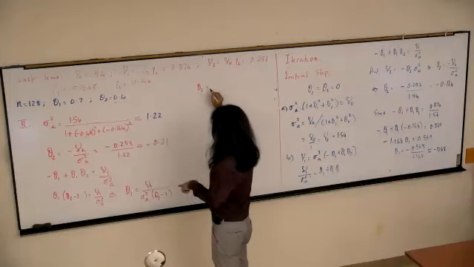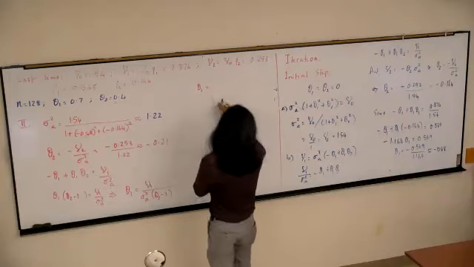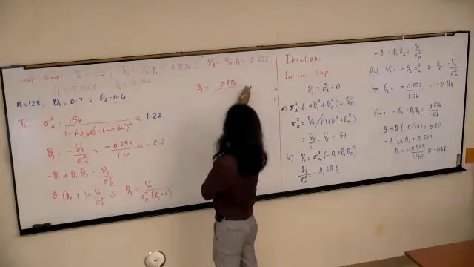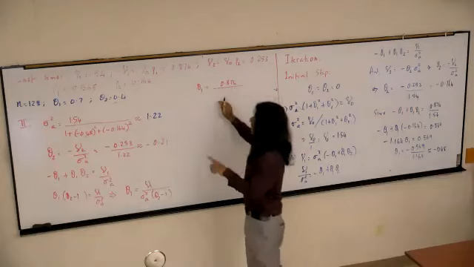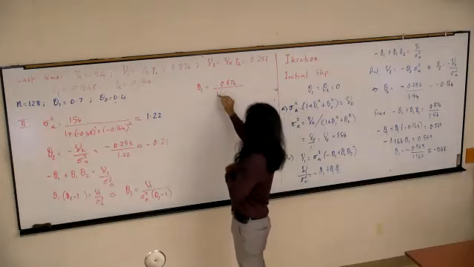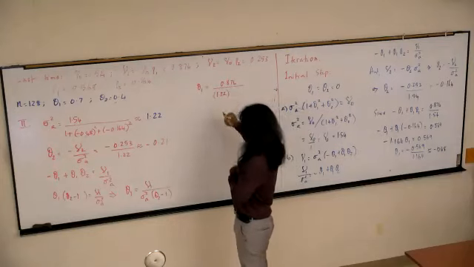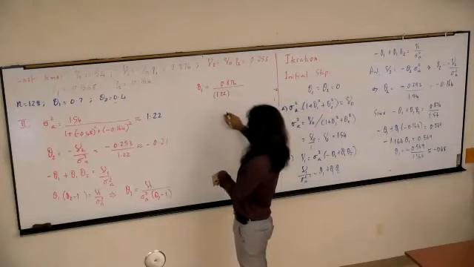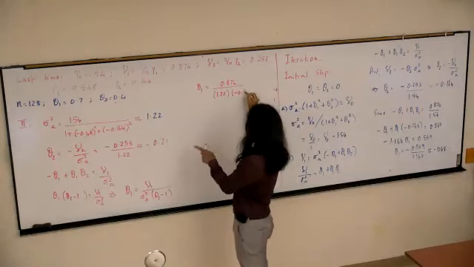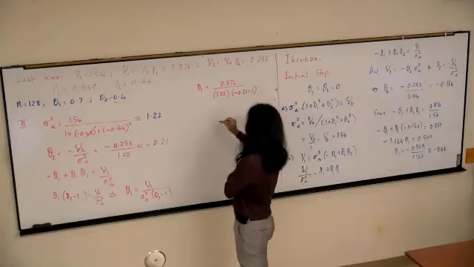Theta 1 would now equal gamma 1, which is 0.876 divided by sigma squared A. Which value should you use? 1.22. 1.22 times theta 2 minus 1, so minus 0.21 minus 1.